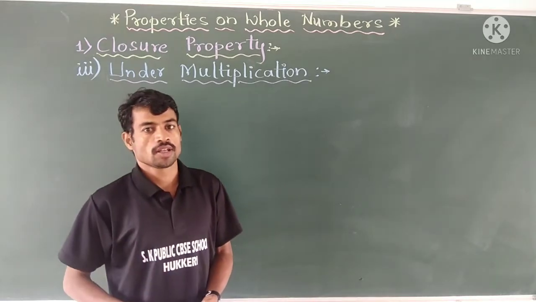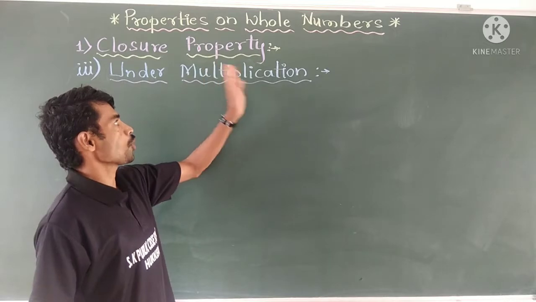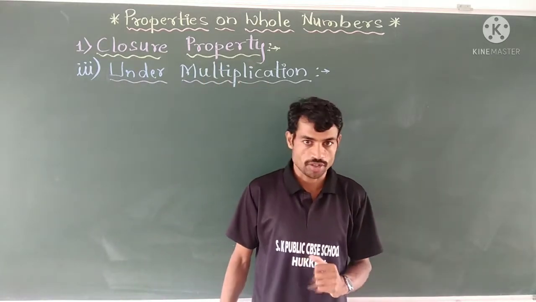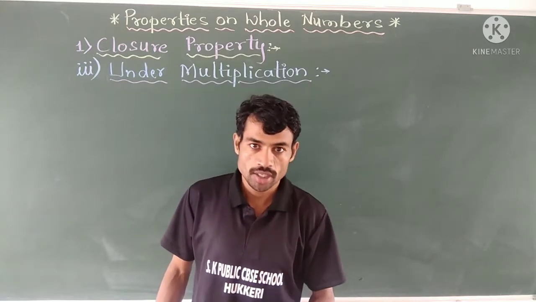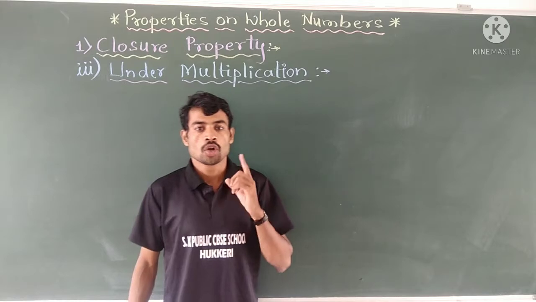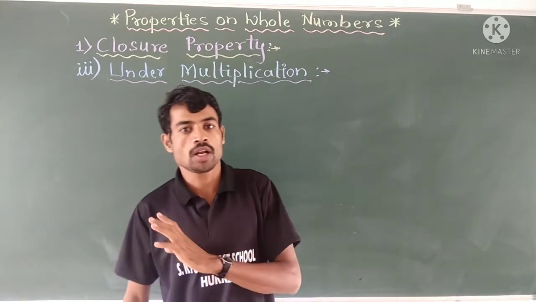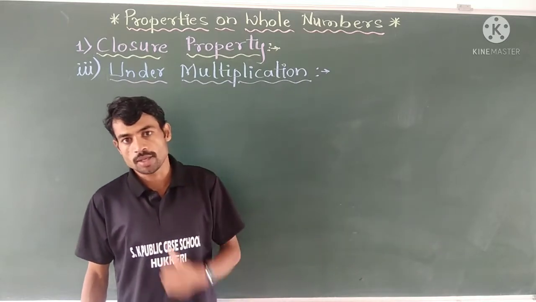Dear students, in the previous class we discussed the closure property under addition and subtraction. We have studied that whole numbers are closed under addition and whole numbers are not closed under subtraction.